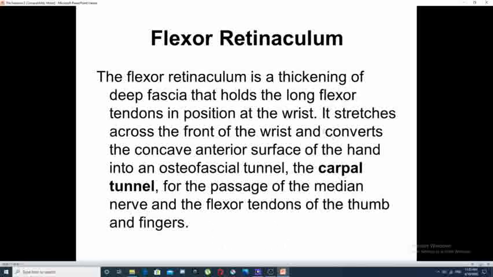This retinaculum stretches across the front of the wrist and converts this area, the concave anterior surface of the wrist, into an osteofascial tunnel called the carpal tunnel. This is an important tunnel, which permits the passage of the median nerve and the long flexor tendons of the fingers and the thumb.